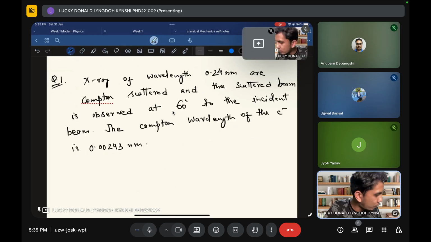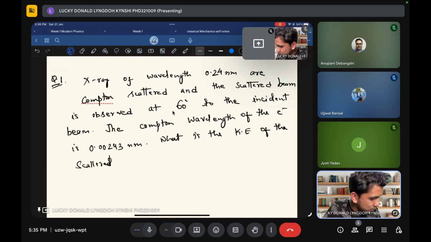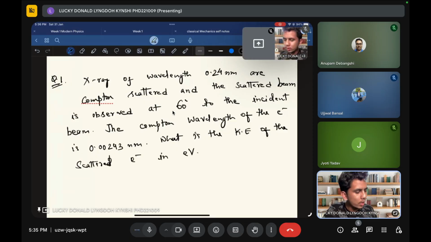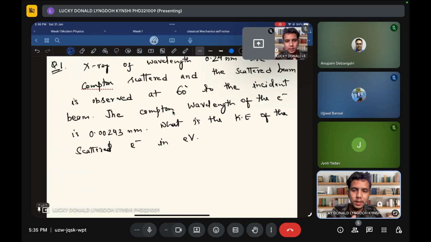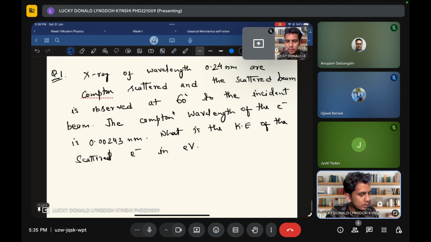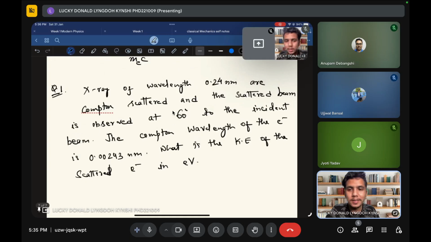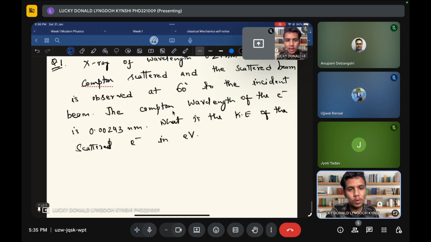The question is, what is the kinetic energy of the scattered electron in eV, that is the unit. So that means it's the same problem which I have just discussed with you. There is an incident ray, X-rays, which is Compton scattered, and the scattered beam is given at theta is equal to 60 degree to the incident beam.